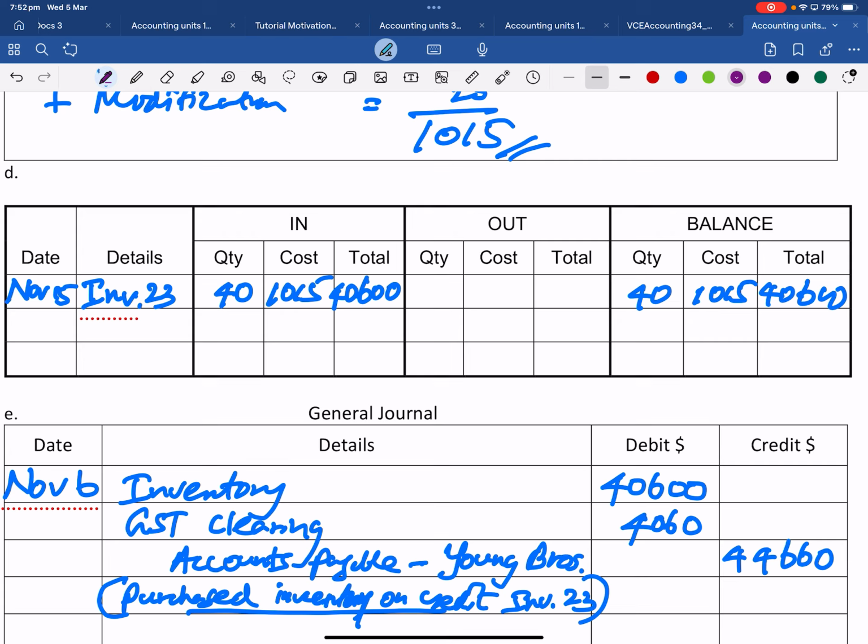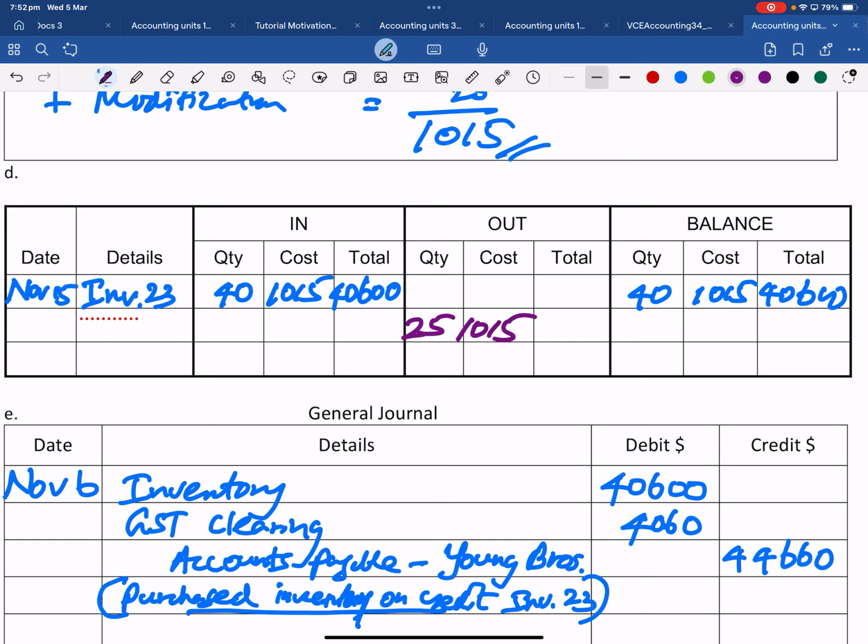Pathum, you know how to record it? The sale of 25 inventory on the last day. 25 in the out column, 1015, and minus from the total.